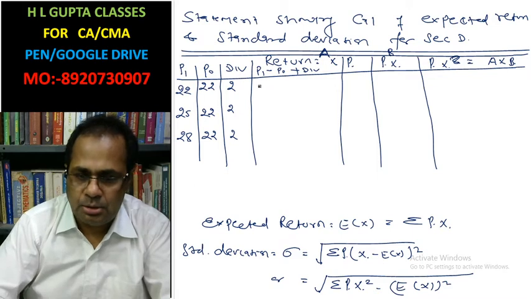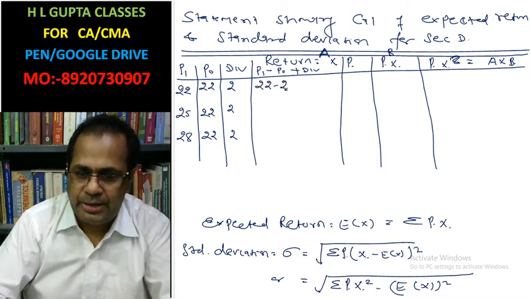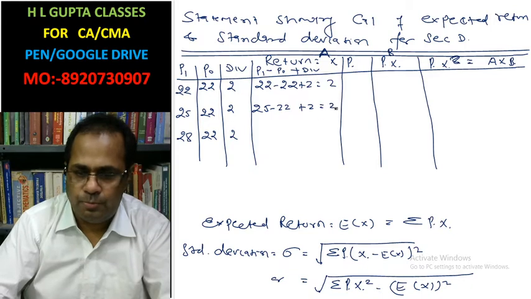Return is 22 minus 22 plus 2, that equals 2. 25 minus 22 plus 2, that equals 5.